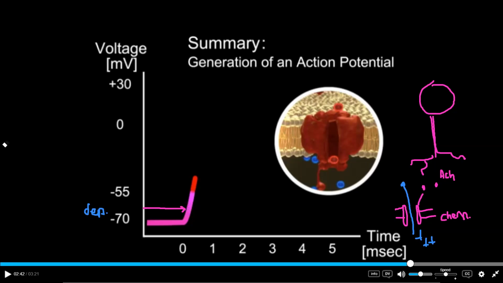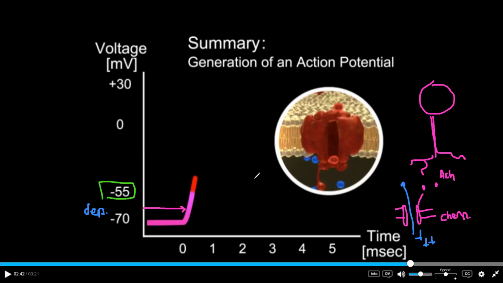Once you reach a threshold, in other words, once you change the inside voltage to a certain level, and the threshold here is about minus 55 millivolts. This is our threshold here.